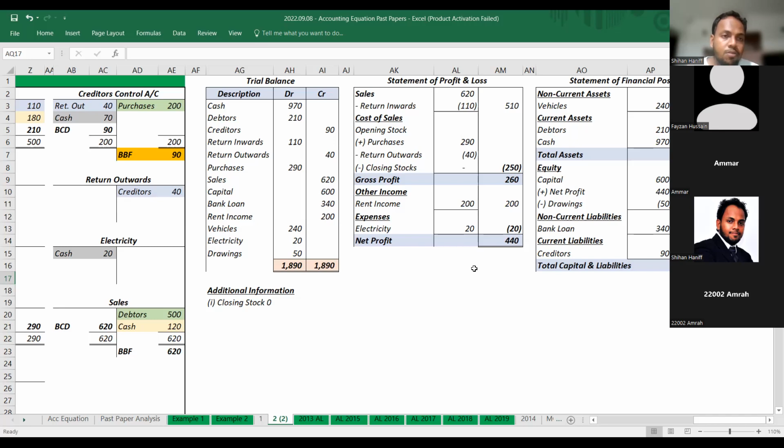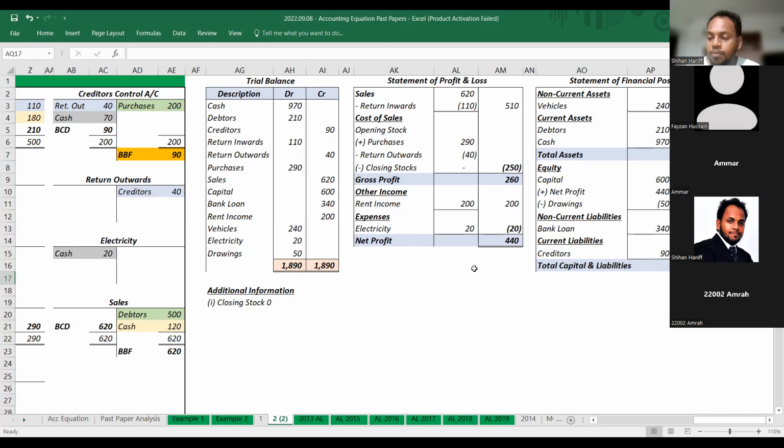In ledger accounts, when recording the transactions, we use the double entry principle. Once the transactions are recorded in the ledger accounts, we prepare the trial balance by taking the closing values in the accounts. Then using the trial balance, we prepare the statement of profit and loss and the statement of financial position. Okay, so this is the complete process.